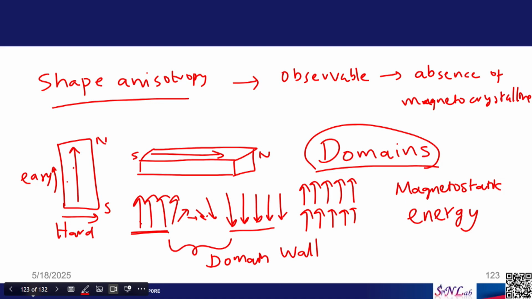So, these regions are called domain walls. Domain walls are formed in order to minimize the exchange energy, because you cannot increase the Heisenberg exchange energy. When you form many domains, you are forming domain walls, which increase two energies.